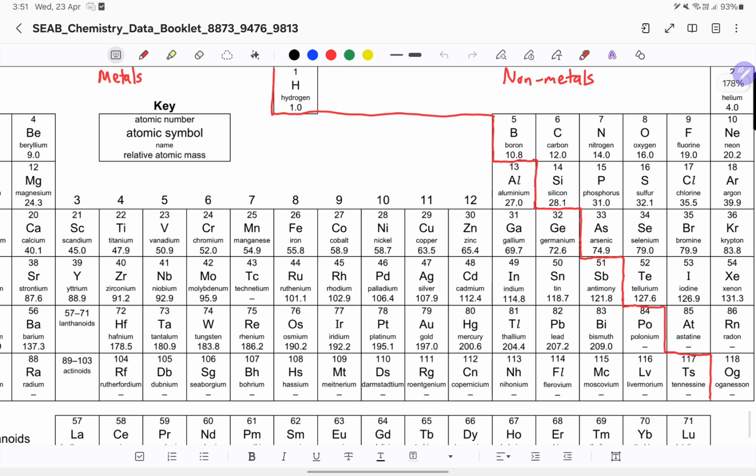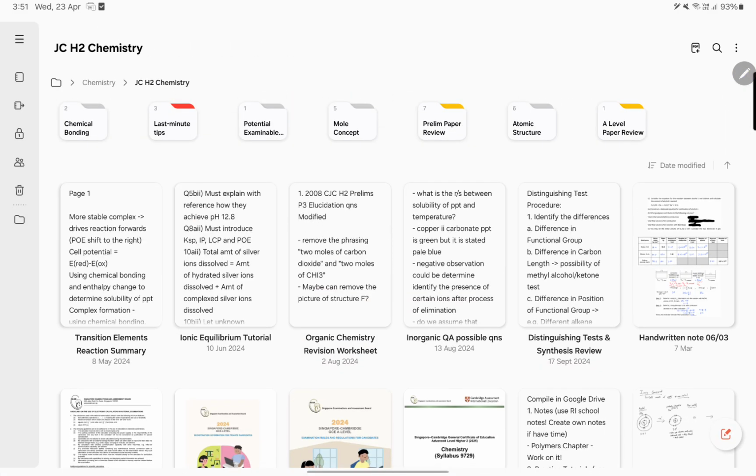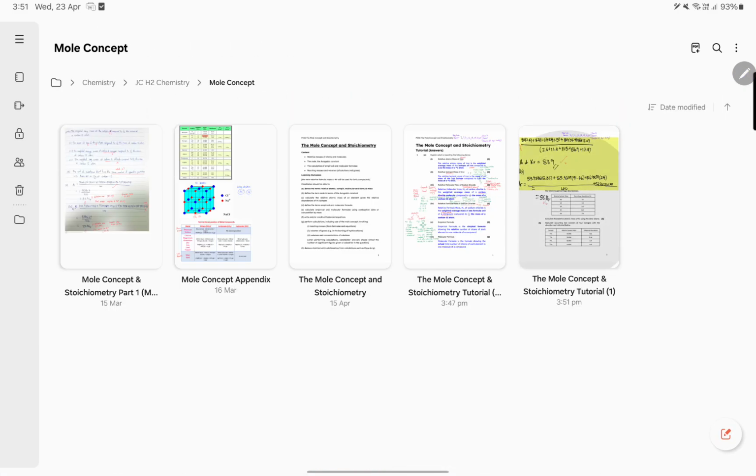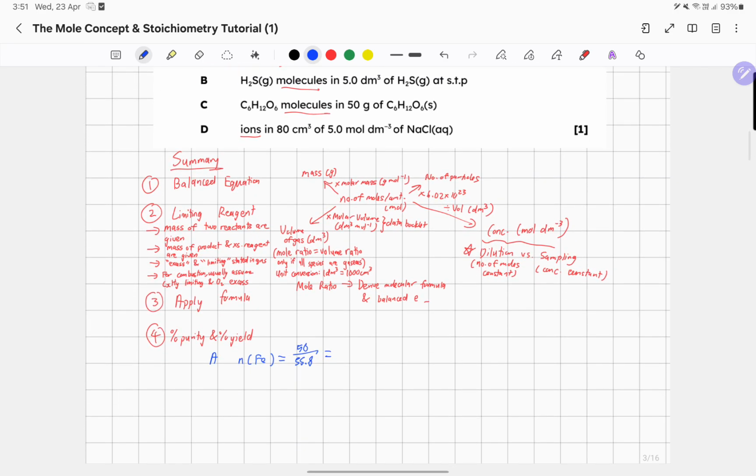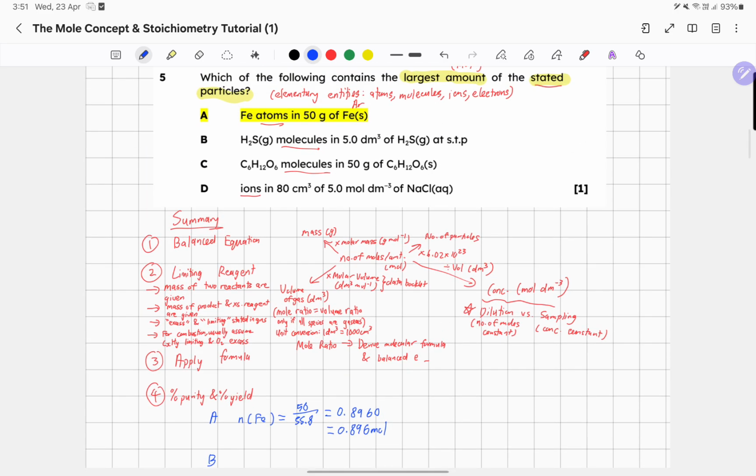Okay, iron is 55.8. Fifty over 55.8, that will give you 0.8960. So this is for SF, and then the final answer will be 0.896 mole.